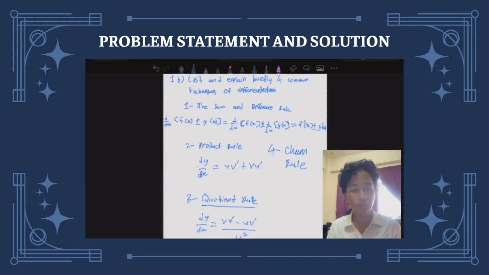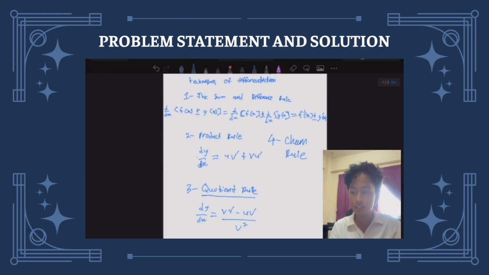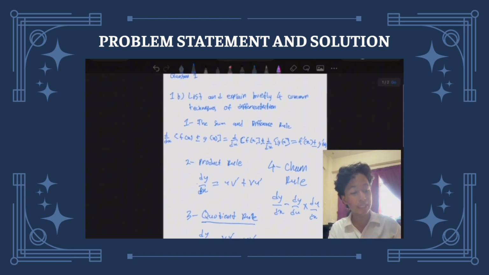You first take the derivative of the outer layer while keeping the inside expression exactly the same, and then you multiply the whole thing by the derivative of that inner function. So here is the formula for the chain rule. dy over dx equals dy over du times du over dx. So I think that's all the 4 common techniques of differentiation.